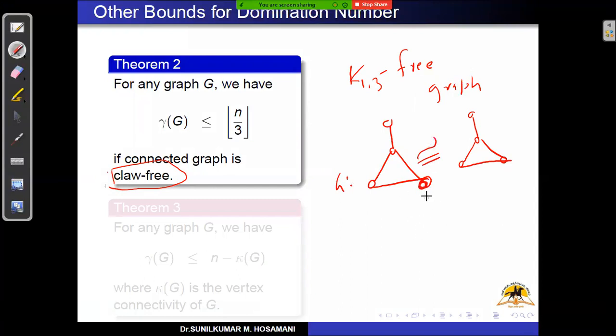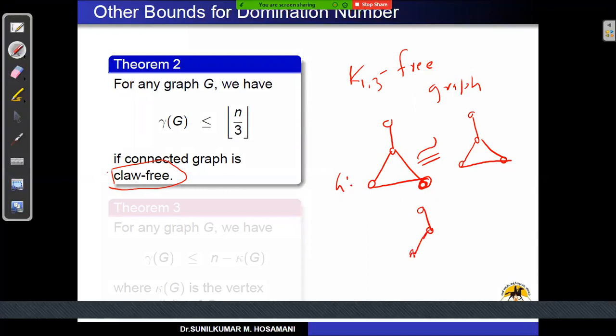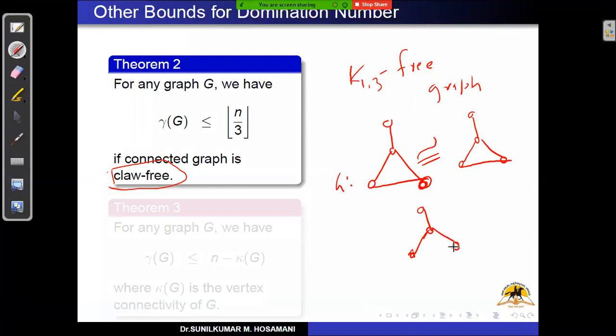Suppose if I consider this graph, okay, so here if I consider only induced subgraph of these 4 vertices, then I will get a K13, which is called claw.